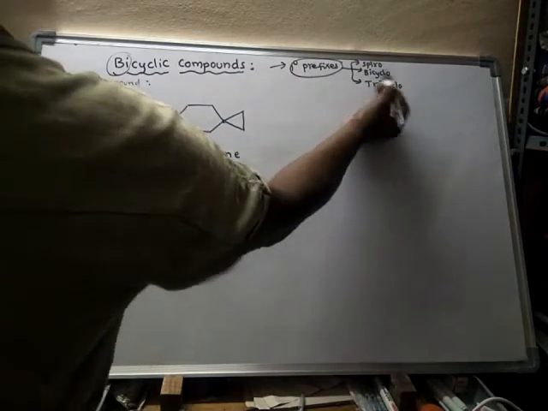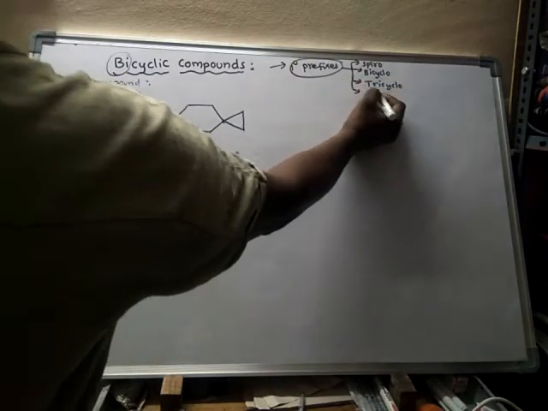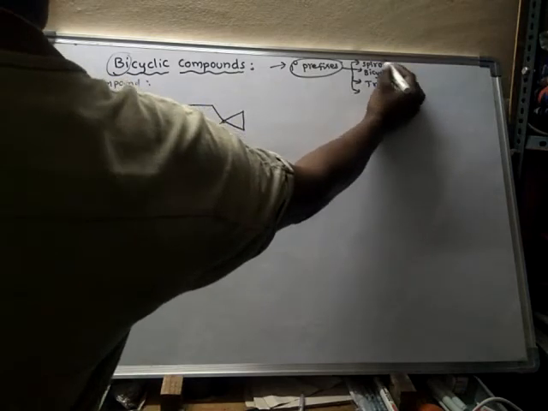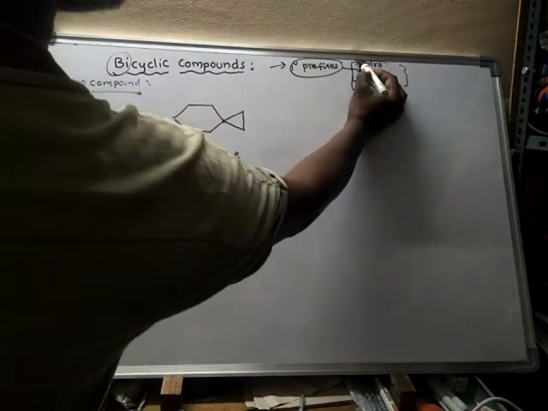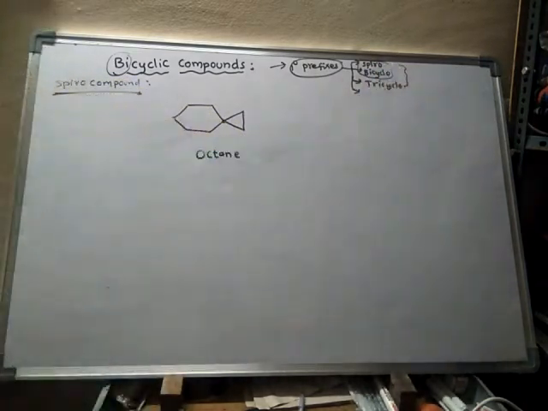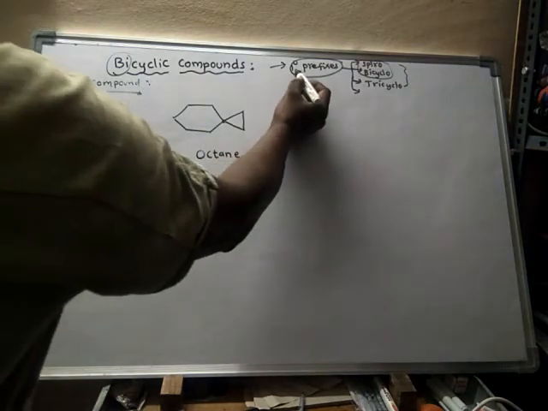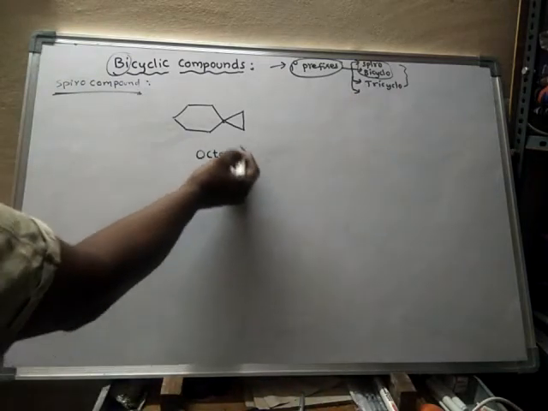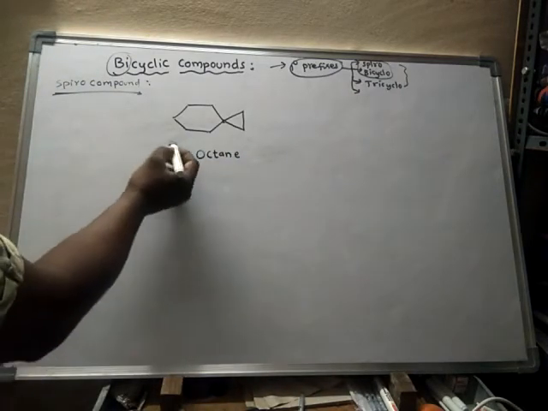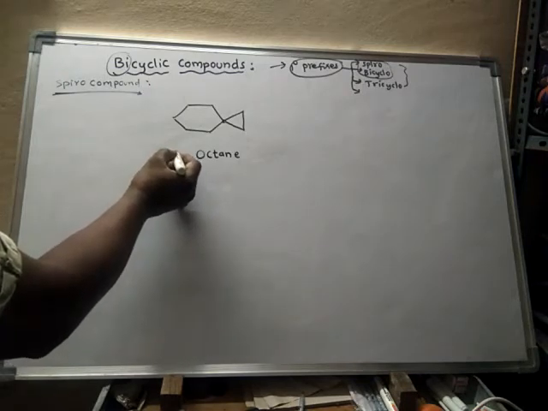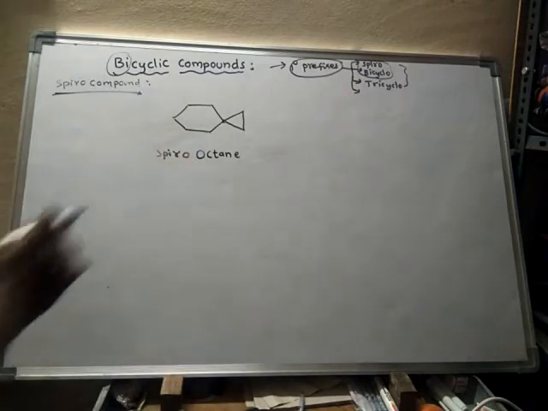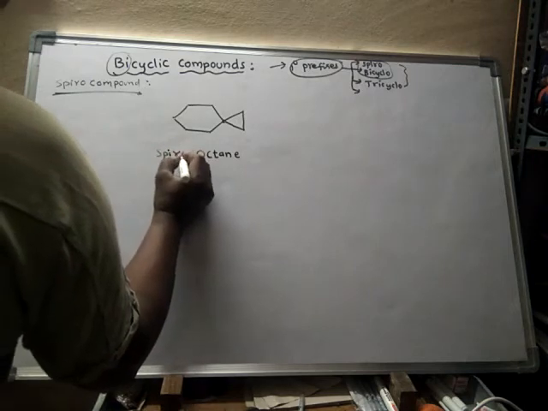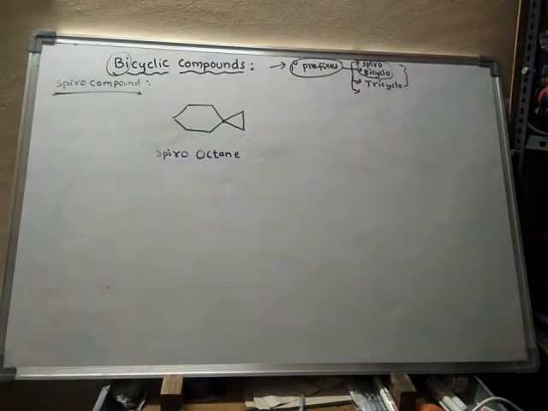There may be other types also, but generally we will discuss these three, particularly these two mainly. The prefix always comes before the root word. So this is the root word, and before the root word we write the prefix. So spiro octane. This is called spiro octane. But there is one procedure.